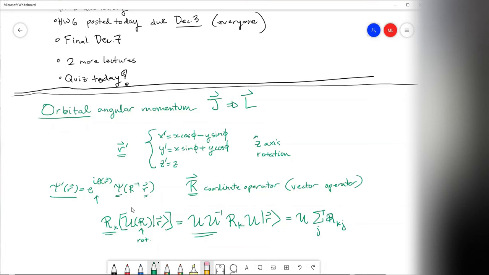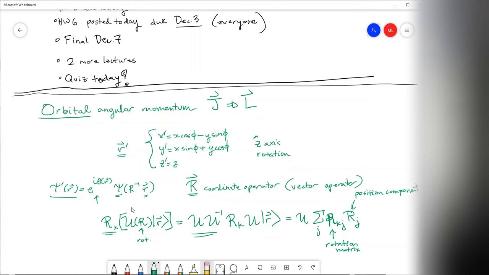This is like a curly R, maybe this is the rotation matrix. There are too many R's running around, but that's just the way it is. And this is our r_j, a component of position, like x, y, z.